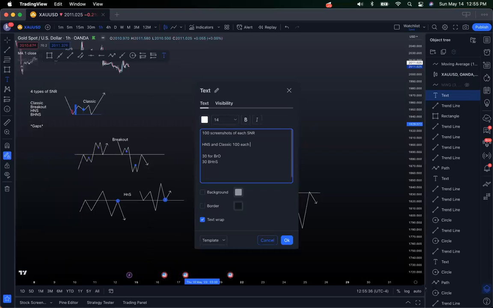Before, when my mentor taught me these levels, he said do 10, 15 examples of each, but I went ahead and did 100, because when you do this many, in the end, you'll have no issue. You'll have no question that you understand this stuff.